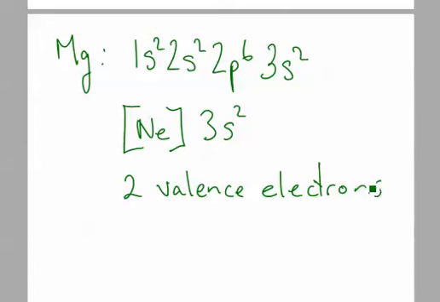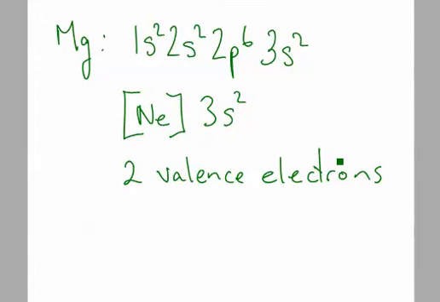Let's do a couple more quick examples here. I would like to do carbon. Okay, carbon has a configuration. We begin in the same place. 1s2, 2s2, then 2p2. Okay, for a total of 6 electrons here.